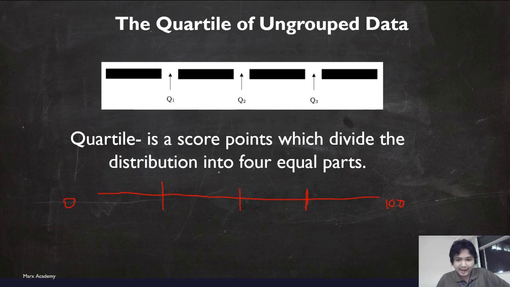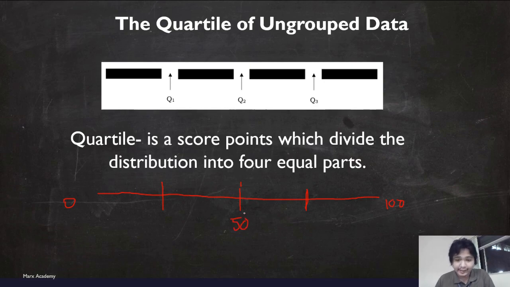So if we divide 100 by 2, that would be 50, right? Since this is a straight line and we divide it by 2, 100 divided by 2 would be 50.